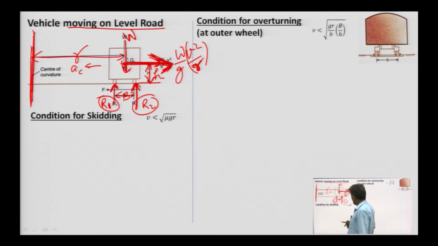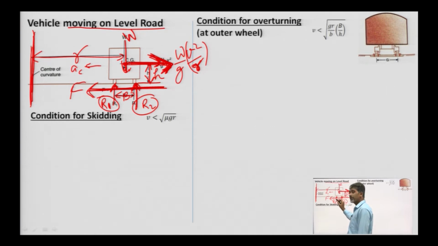In the last class I told you that the value of that force has to be supplied from somewhere. Where does it come from? It comes from friction. Say this is friction force F. What will be the friction force at the inner wheel?